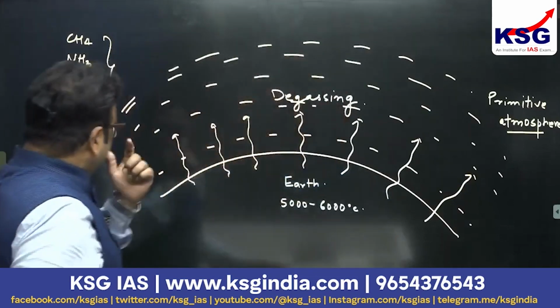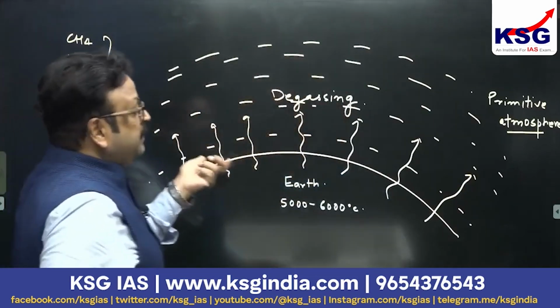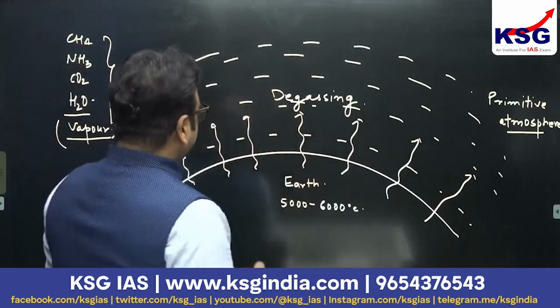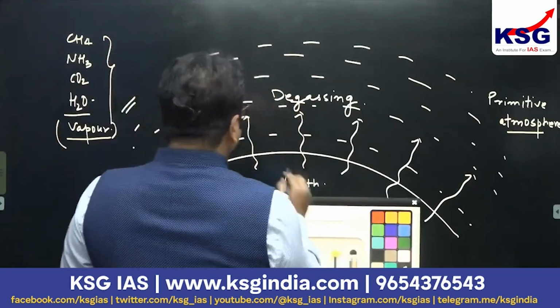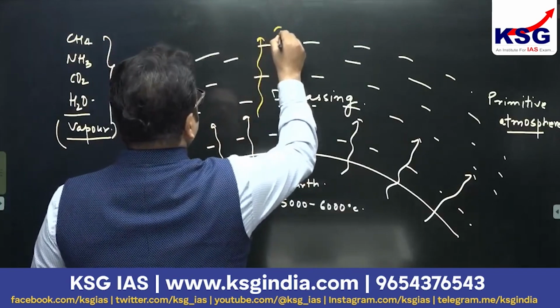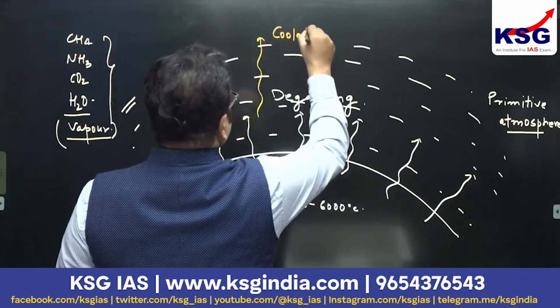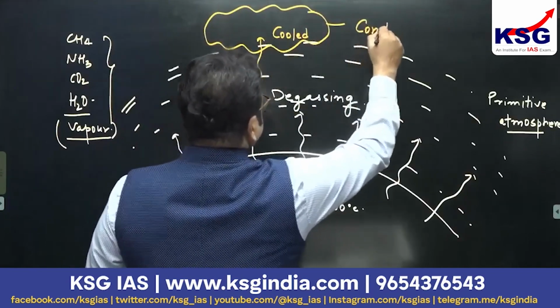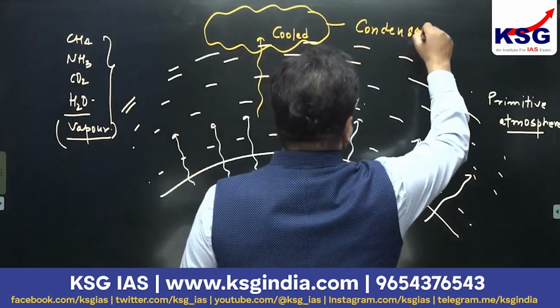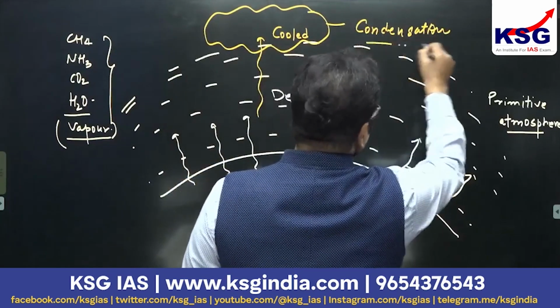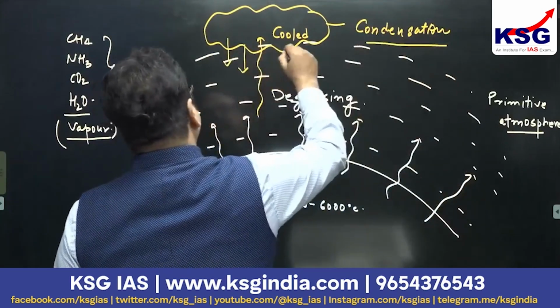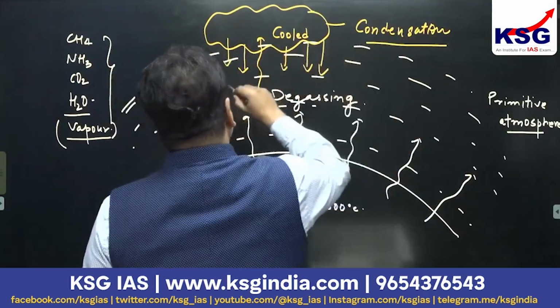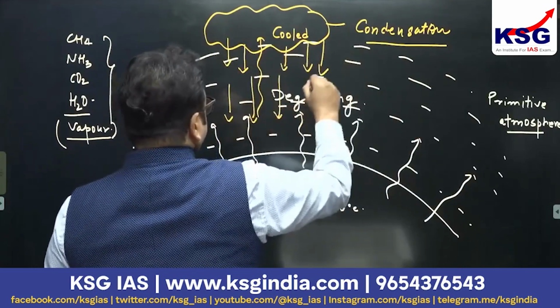Fine. What happened after this? Water vapor continuously goes up, and when water vapor goes up, it gets cooled, and due to cooling there is condensation, and after condensation there is a continuous rainfall coming onto the earth's surface.